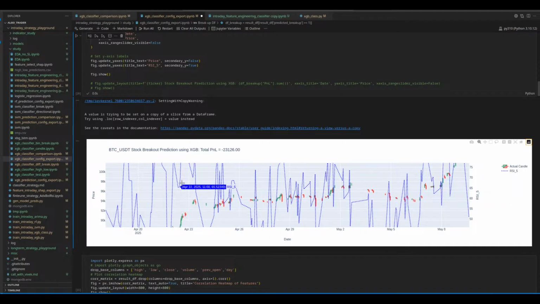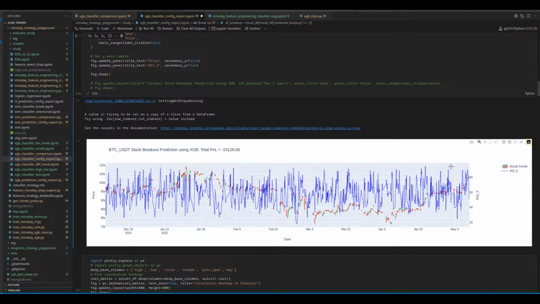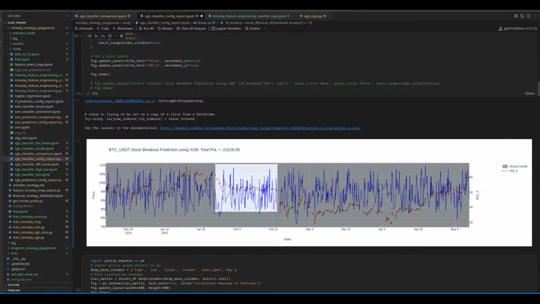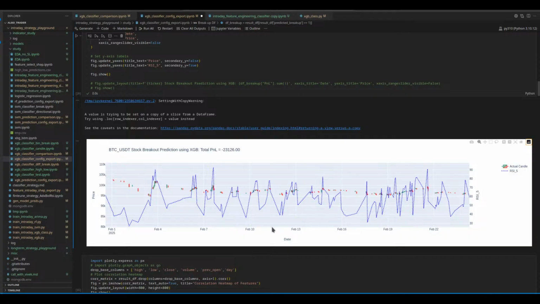RSI is 60, 60, 70. So as this RSI started increasing, 49. Okay, 90, and then maybe it started falling over here. So we don't have any predictions for breakdown candles.